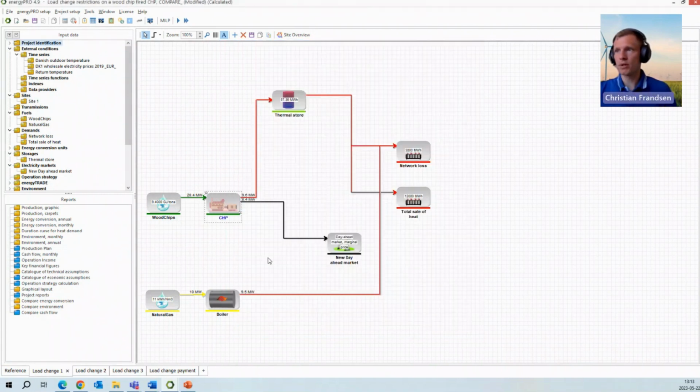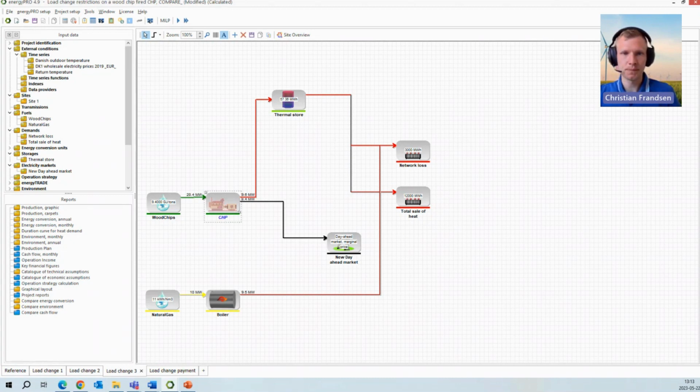Good. That was the constraint regarding these load changes. Then we have yet another hard constraint. I'm jumping a little here. I'm jumping to load change number 3 here, this alternative here.